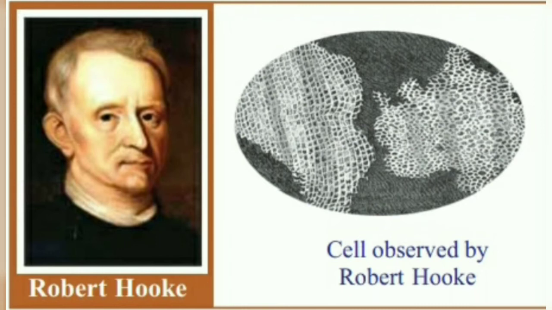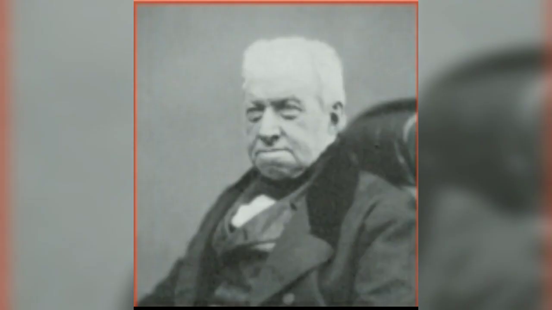Remarkable findings that paved way for the development of cell biology were made in the middle of 19th century. Robert Brown discovered the center of the cell and named it the nucleus in 1831.